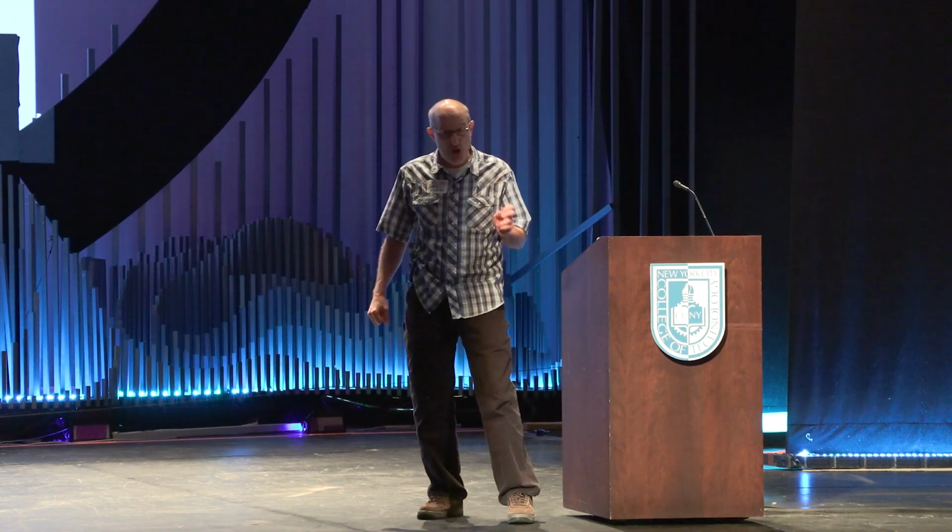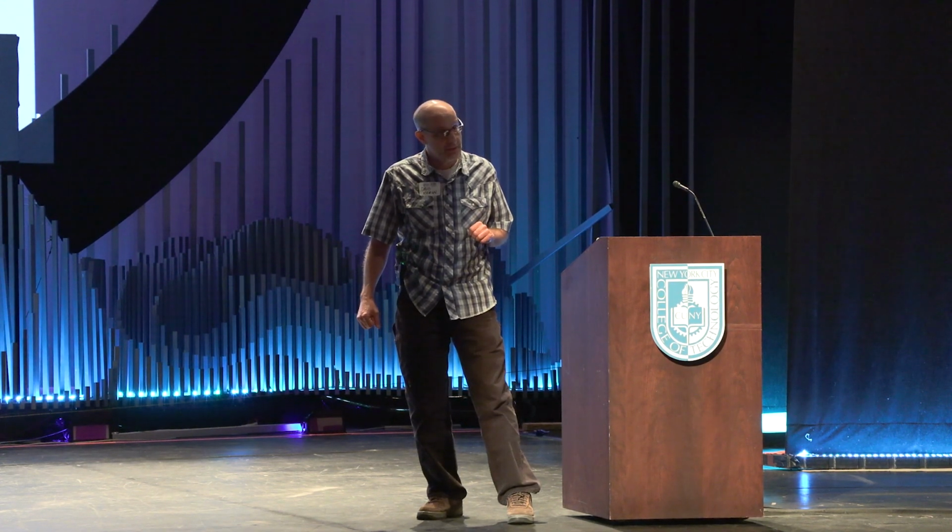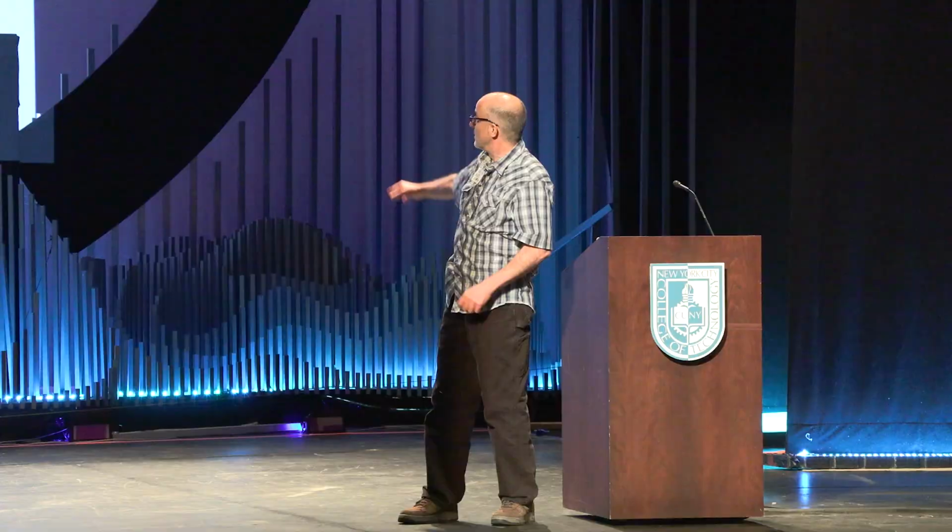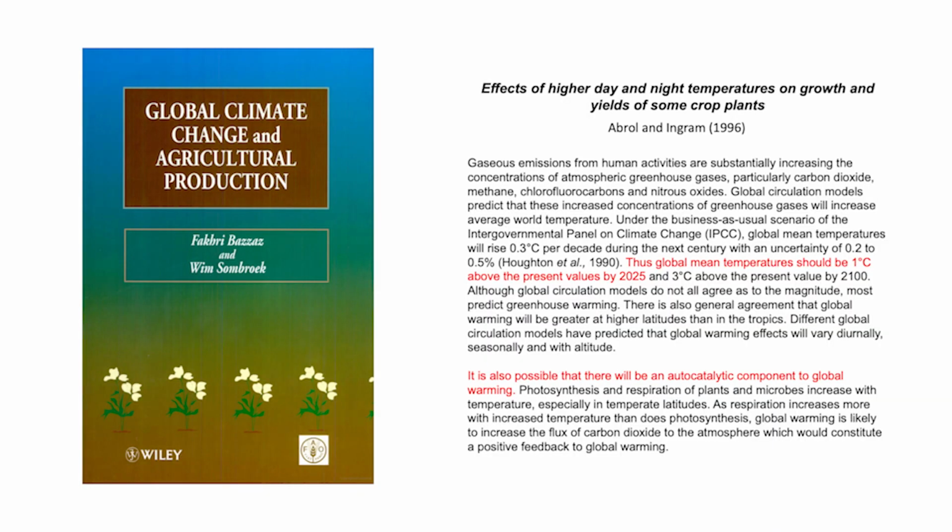I don't know how much climate scientists are paying attention or considering autocatalysis, but in this paper published in 1996, they thought that by 2025, there should be a 1-degree increase in mean global temperature. And we're at right about 1.15 now, right?